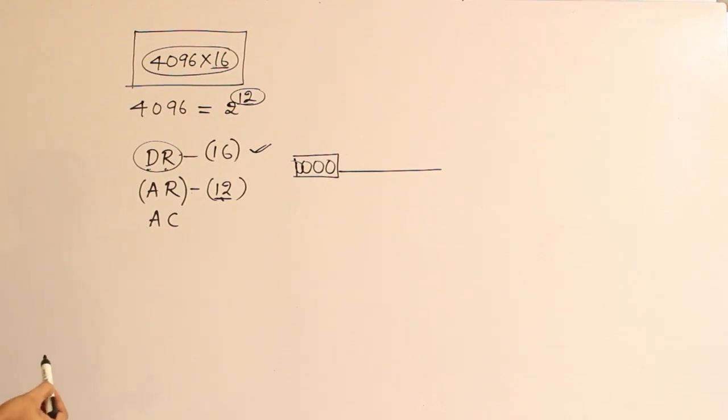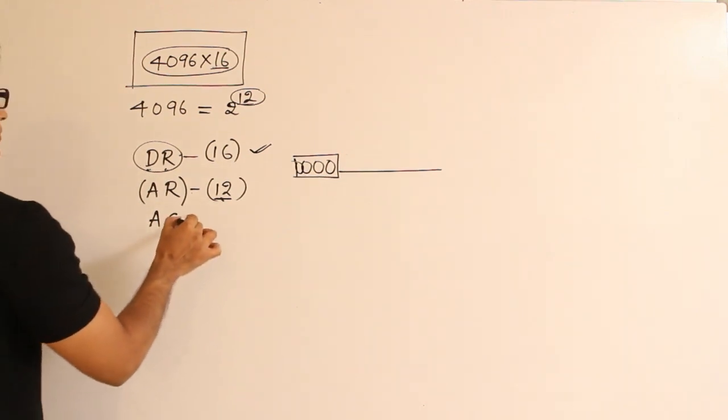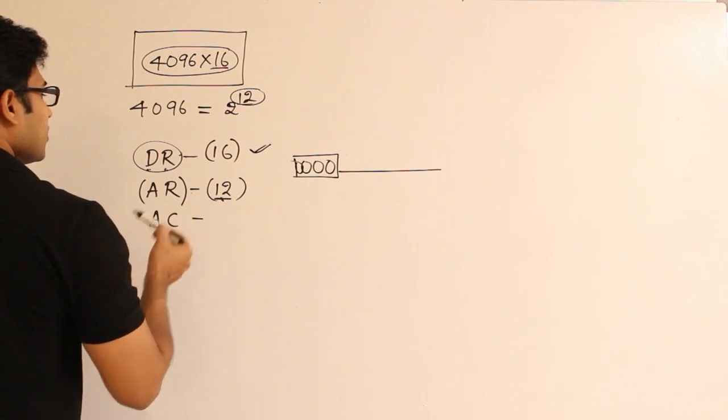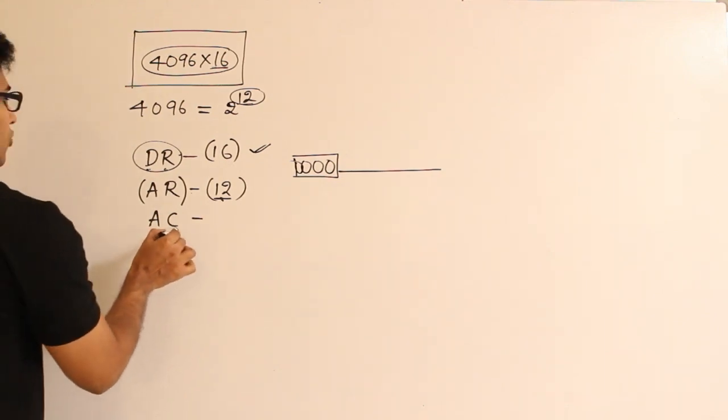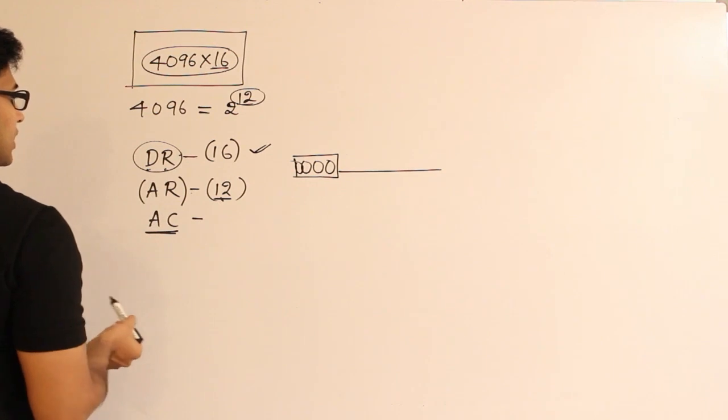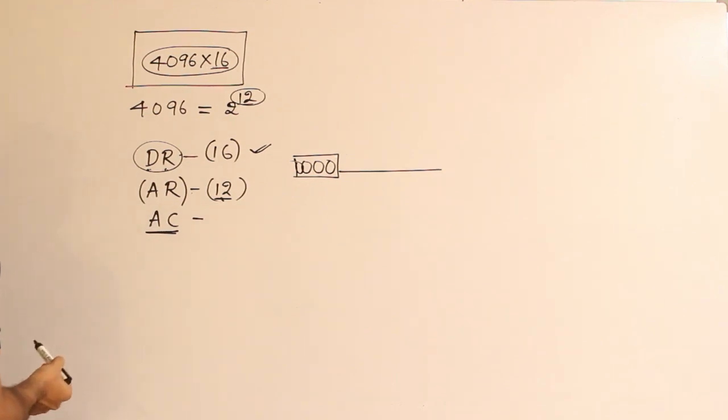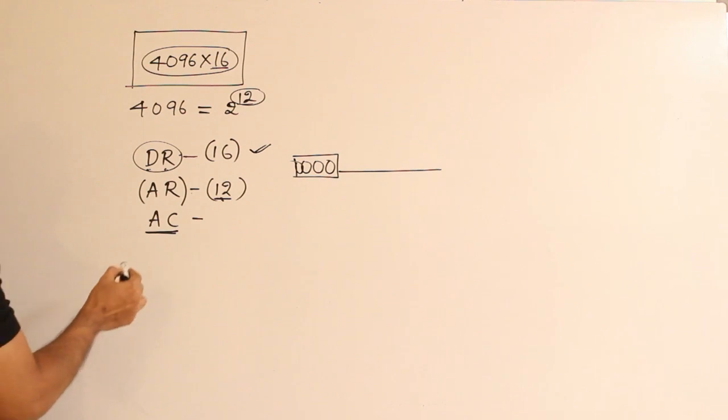And the next one is the accumulator. AC means accumulator. In most cases, a processor is going to have a specific register called the accumulator, which will hold the output of any operation that is performed in the ALU. For example, if you have performed an addition, the output of the addition will automatically be stored in this accumulator.